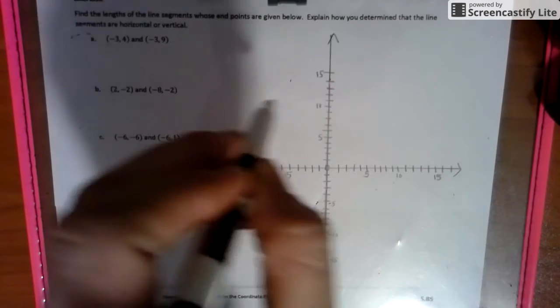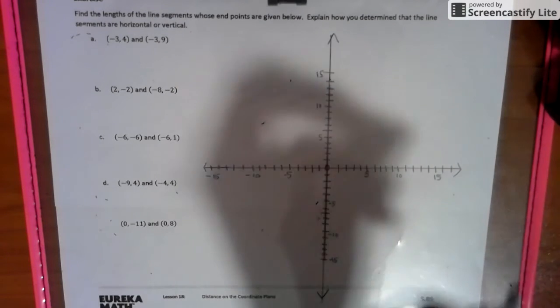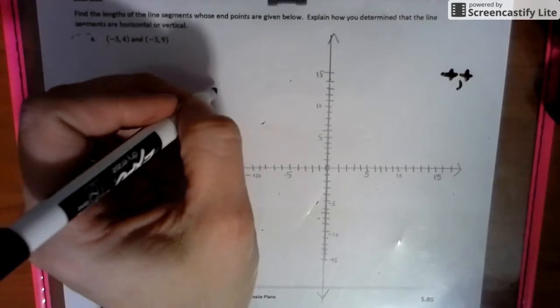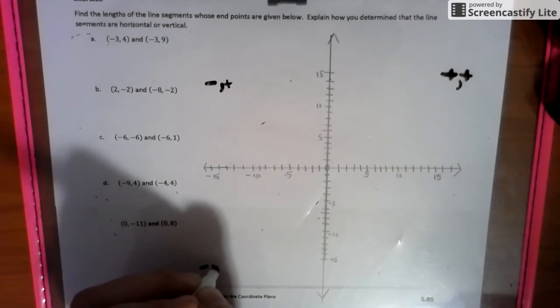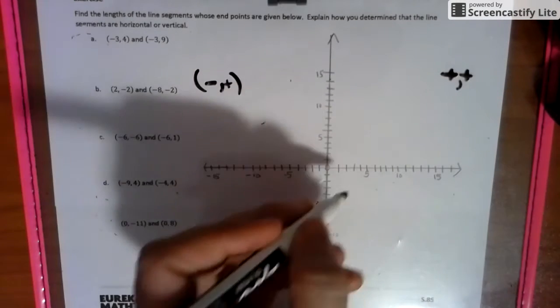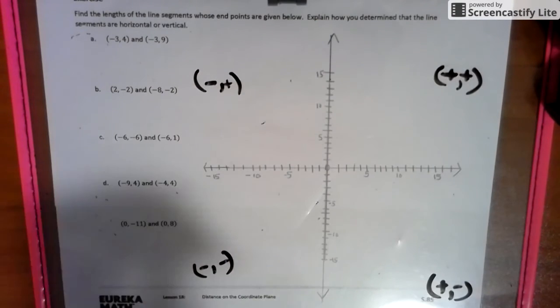Remember, this is quadrant 1, 2, 3, 4, and it goes counterclockwise. These are all positive numbers: over is negative, up is positive, down here is negative, and over here is positive, down negative. So those are some things just to remember.